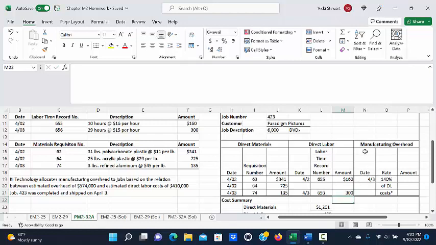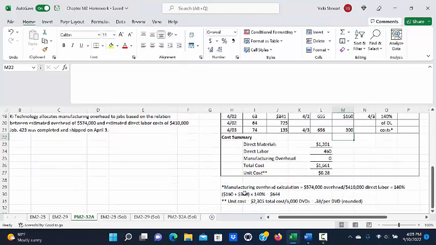And in the last section we are going to calculate the overhead rate and the amount of overhead to be applied to this particular job. So the problem told us that the manufacturing overhead calculation was the $574,000 of overhead divided by the $410,000 of direct labor.